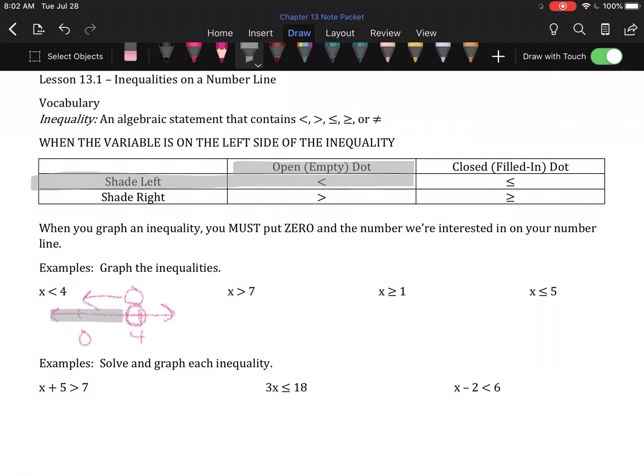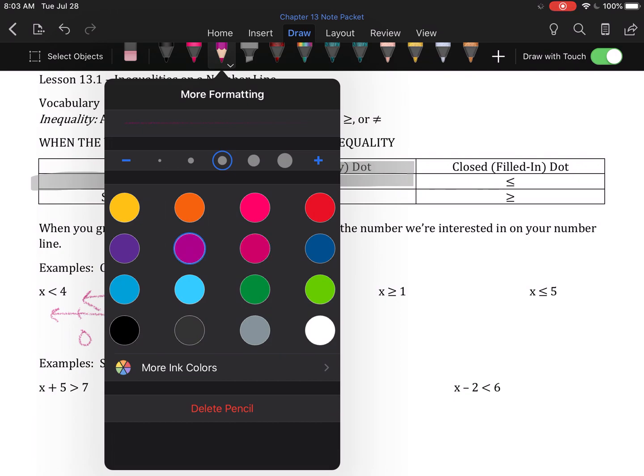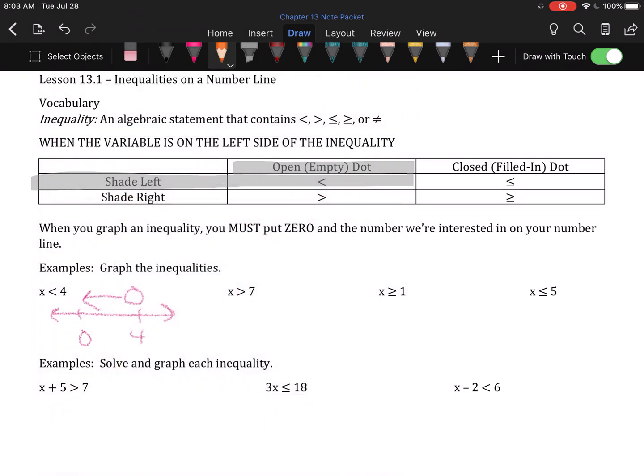That, especially since I encourage you to use pencils, takes up a lot of lead. So I don't generally ask you to do that. I prefer the circle to be above the number line and just to draw an arrow coming out of it. It's neater and it wastes less of your resources.